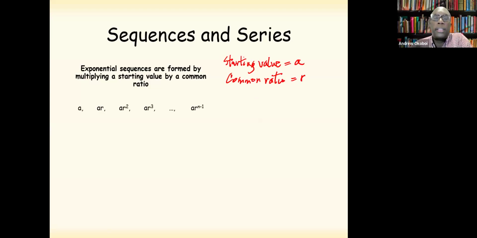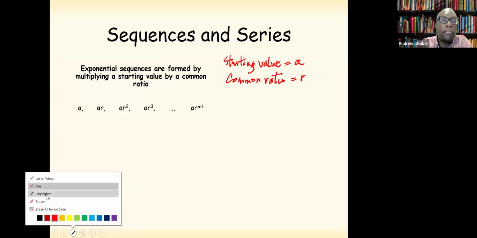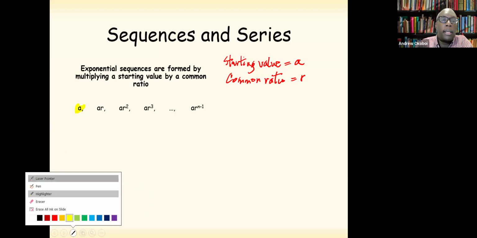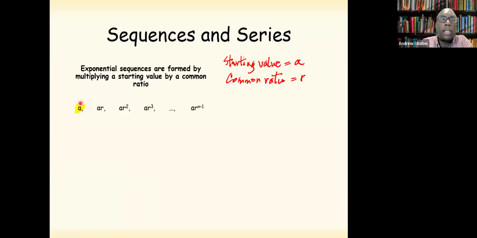And that's what we use for exponential sequences. So we get a sequence that looks like this. We have A as our first term, and then we are multiplying by a constant number all the time. So A times R gives us AR, then AR times R gives us AR squared.